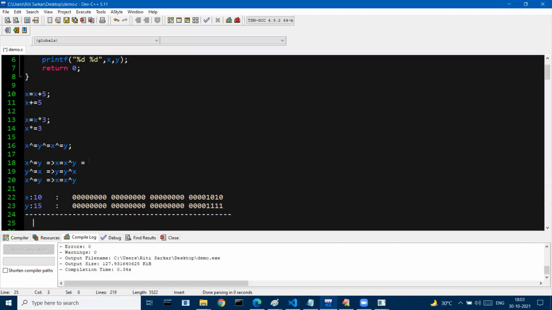x XOR y. XOR means alternate gives us 1, same gives us 0. So 1010 XOR 1111 gives 0101. From here to the end, everything will be 0. Arrange.